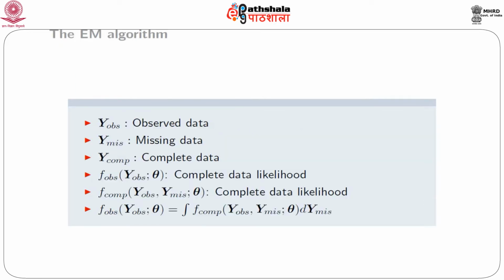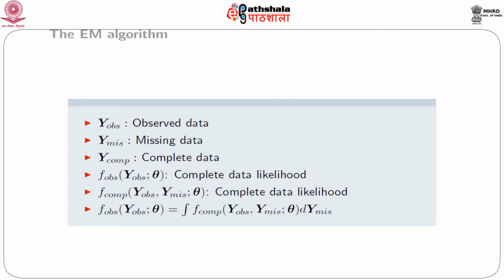Now, we would investigate some properties of the EM algorithm. Let us define Y observed as the observed data and Y miss as the missing data. Now, this Y miss can include random effects or latent variables. Let Y complete be the vector of Y observed and Y miss.